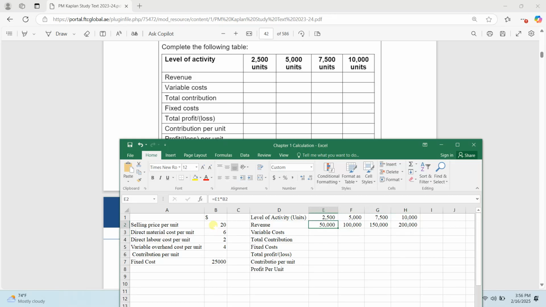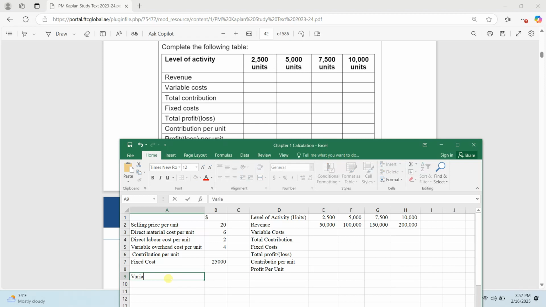What is the variable cost? For 1 unit, it costs me 6. Direct material is a variable cost, direct labor is a variable cost, and variable overhead. These three are the variable cost. I can add them up.